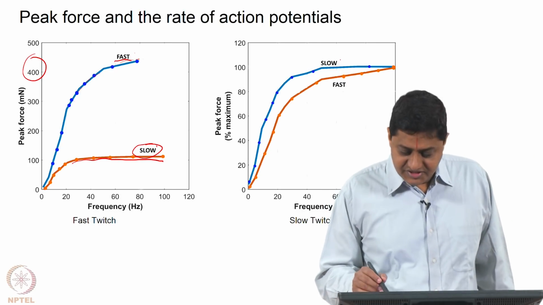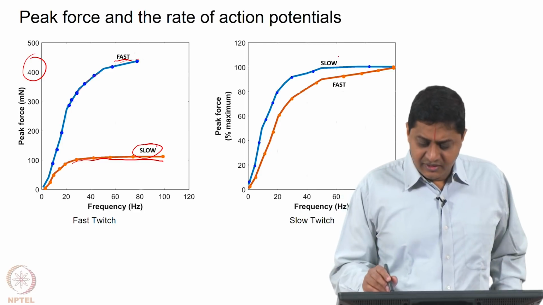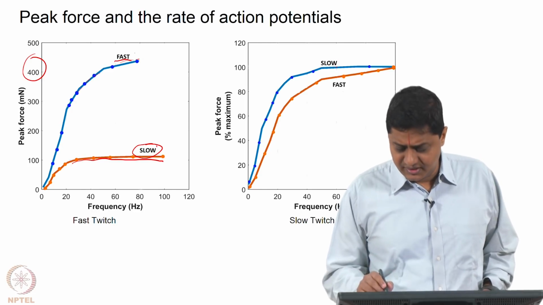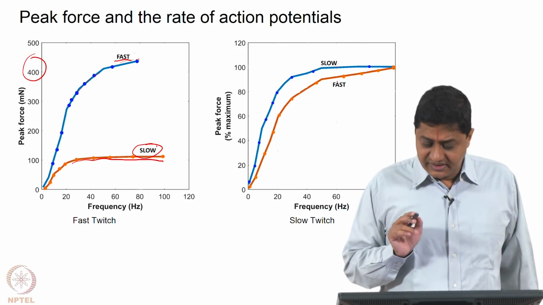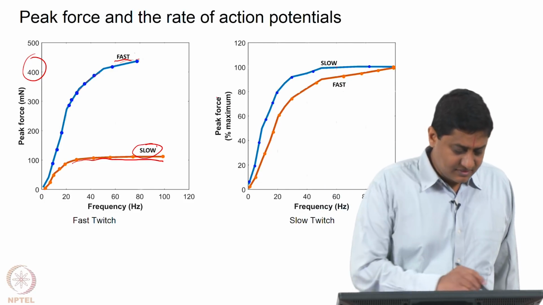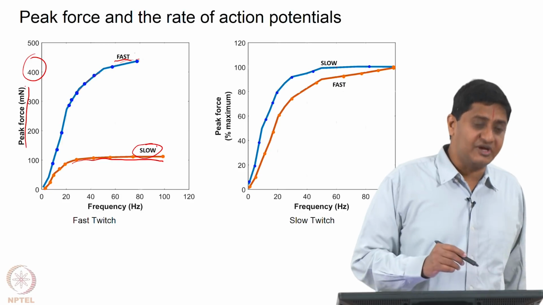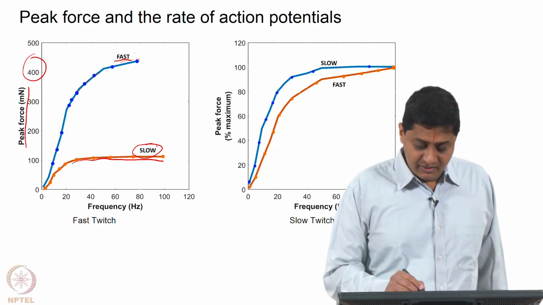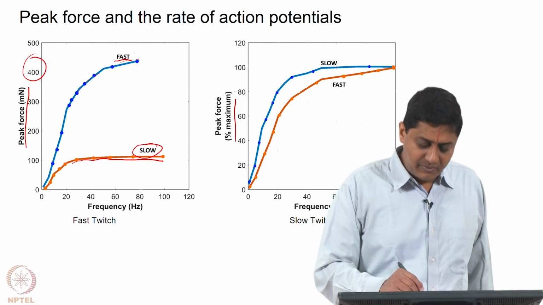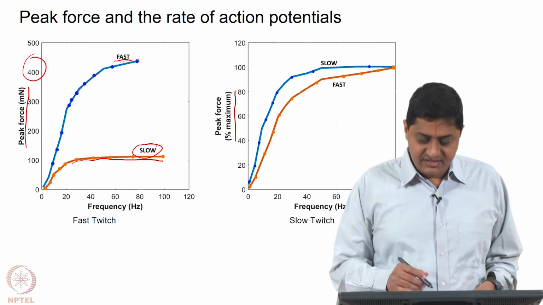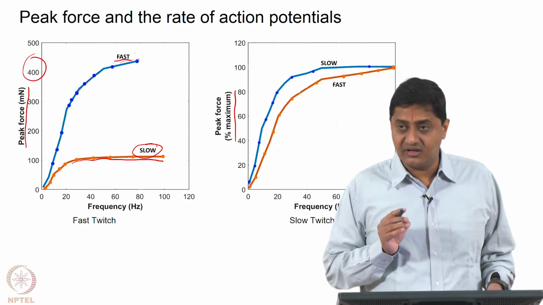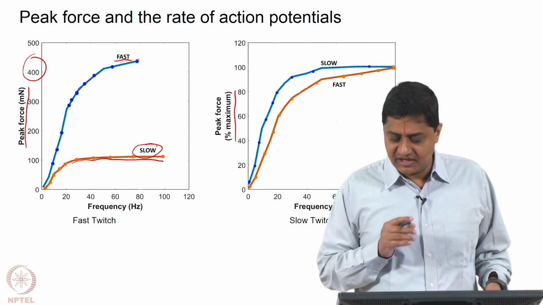Here the colors are mixed up. Here we are calling the blue color slow and the red color fast, but note the difference. This is absolute peak force. Here the y axis is normalized by the maximum peak force. This is the percentage of maximum peak force that can be produced by a given motor unit.